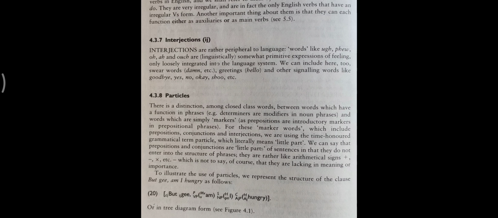Interjections, conjunctions, and others are grammatical terms that we use here. These little parts may be expressed by arithmetic signals like plus, minus, or multiplied, which is not to say they lack meaning or importance. Here some of the particles have been used.